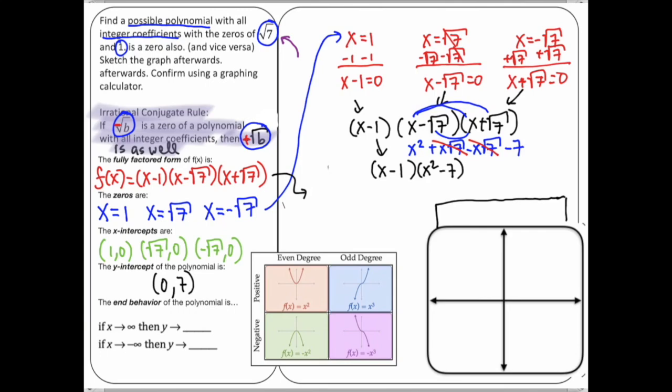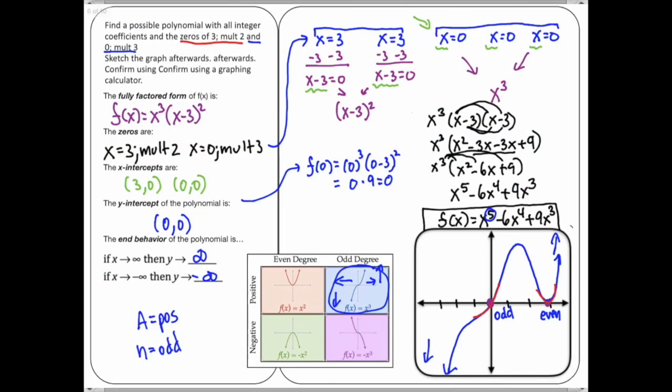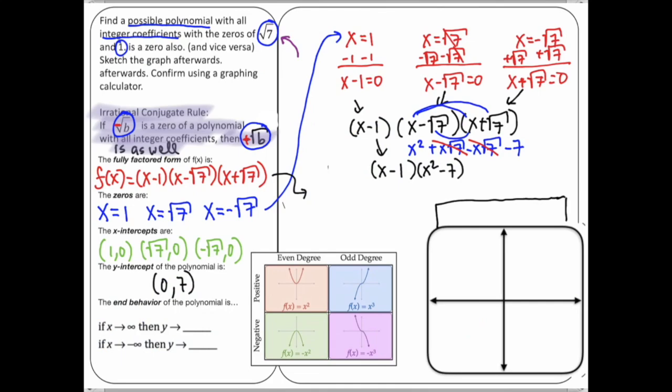Notice that putting all the pieces together, we want integer coefficients for our polynomial. By multiplying by the conjugate, all the square roots go away, and I'm left with just some nice integer numbers. And now I can just multiply this out to get my standard form of my polynomial and complete the problem.